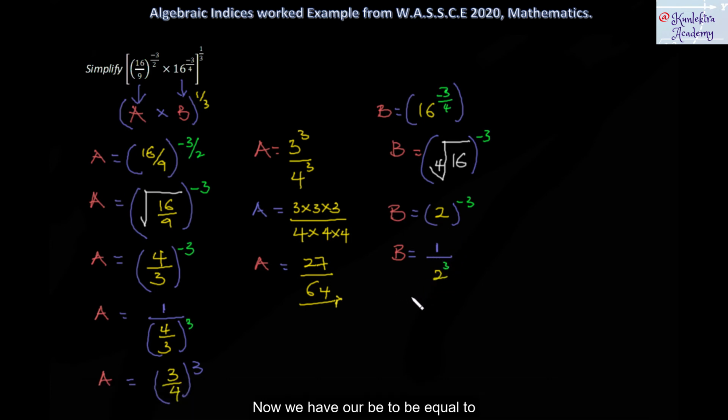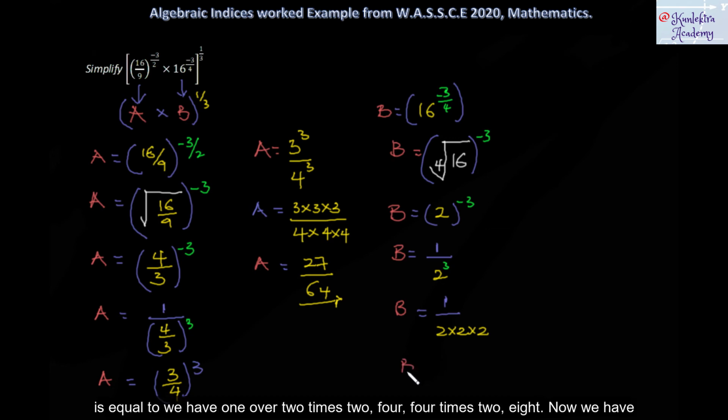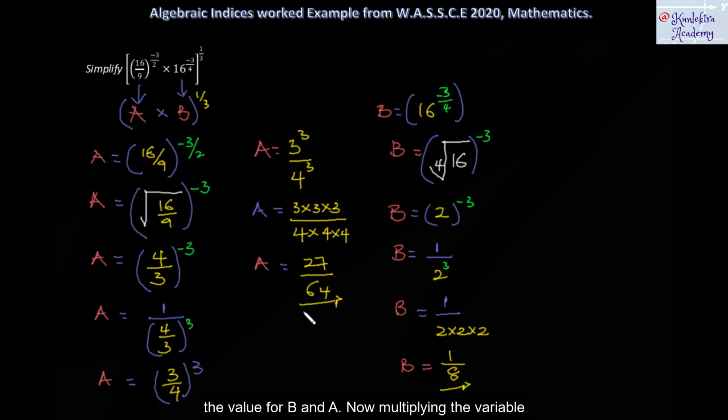Now we have our b to be equal to 1 over 2 times 2 times 2. Then our b is equal to 1 over 2 times 2, 4, 4 times 2, 8. Now we have the value for b and a.